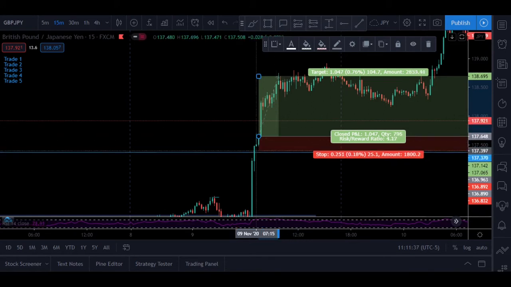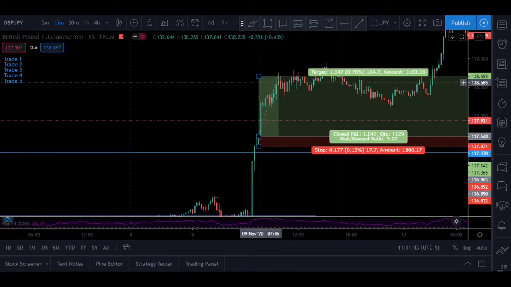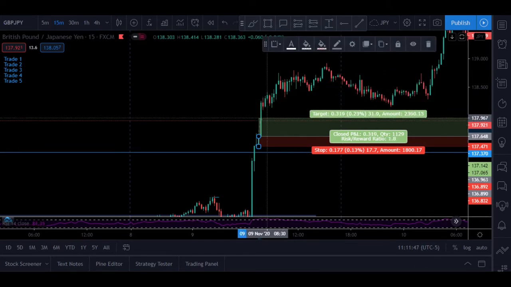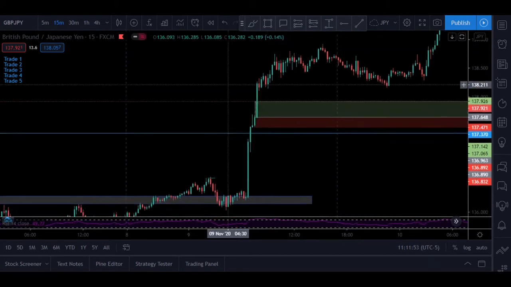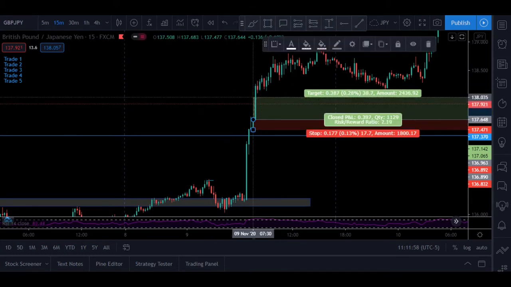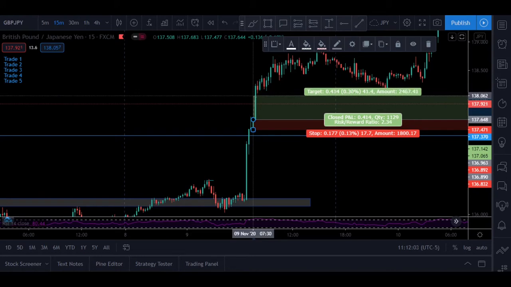And the stop, you could have narrowed it below this candle, so it's about 17 pips, and you could have gone for at least a 1-to-1 risk-reward ratio. When you have this amount of momentum in the market, you can totally go for at least 2-to-1 risk-reward.